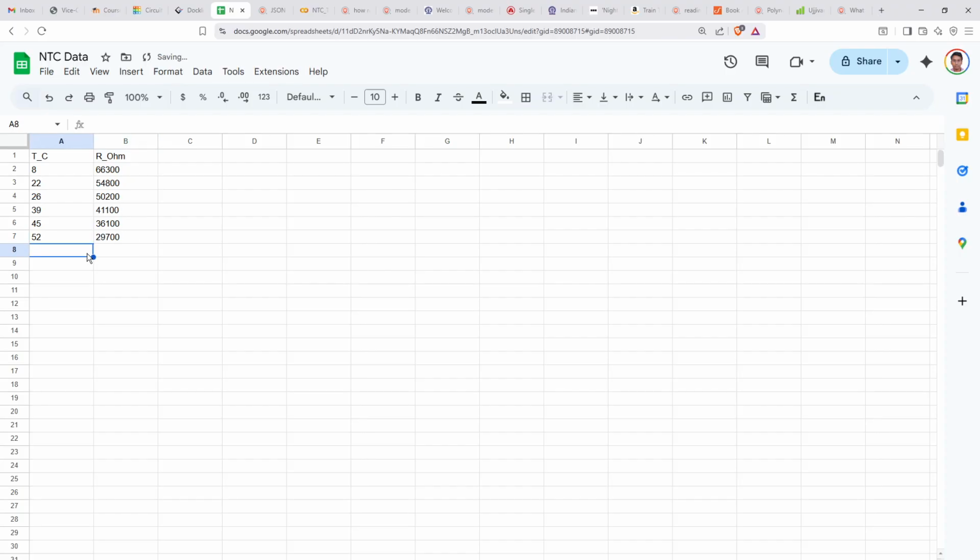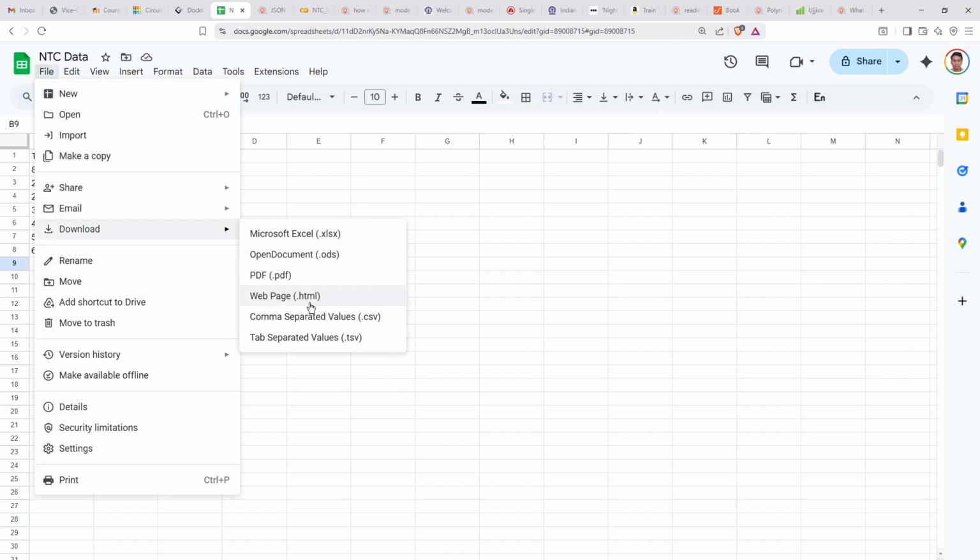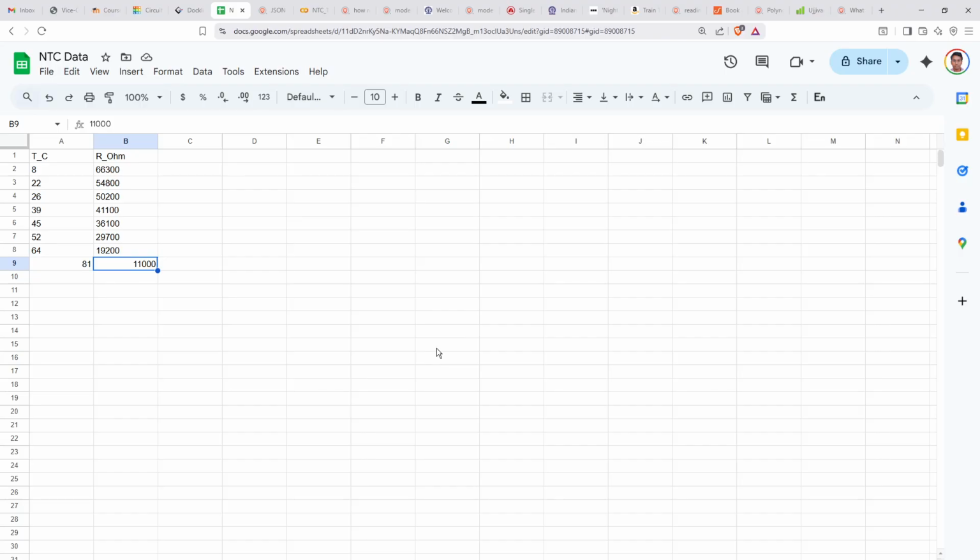At 64 degrees Celsius, it is 19,200, and at 81 degrees Celsius, it is 11,000. Alright, so I have these values. Now let me download this as a CSV file.